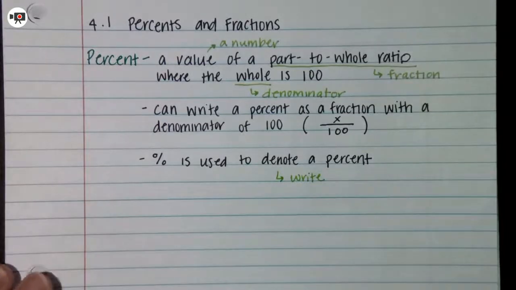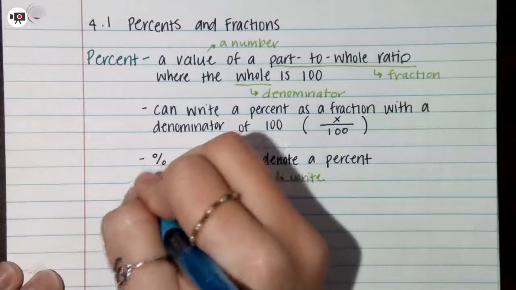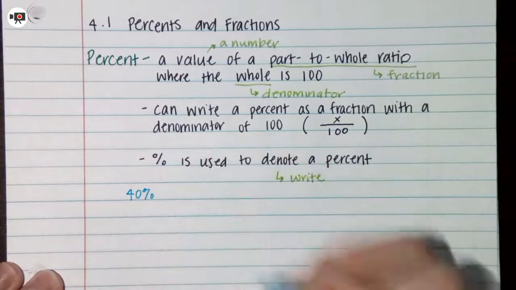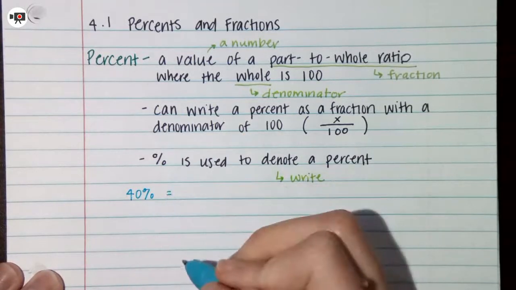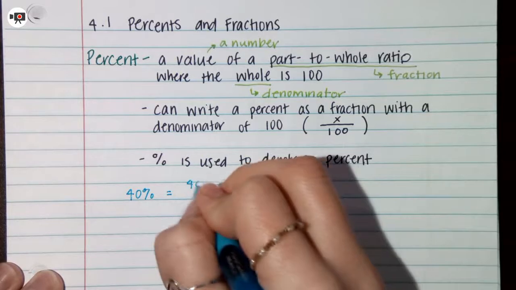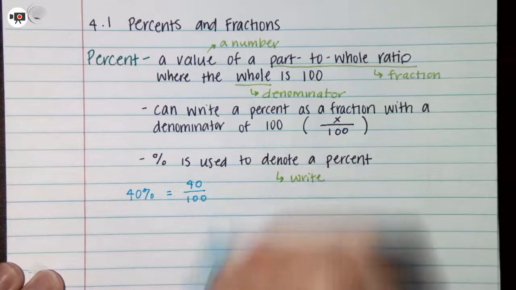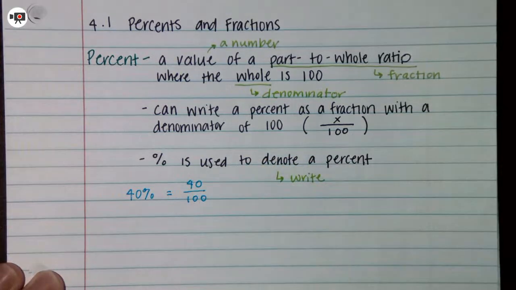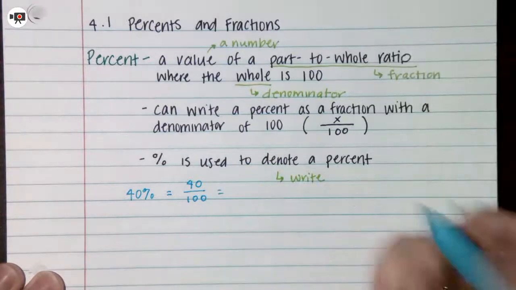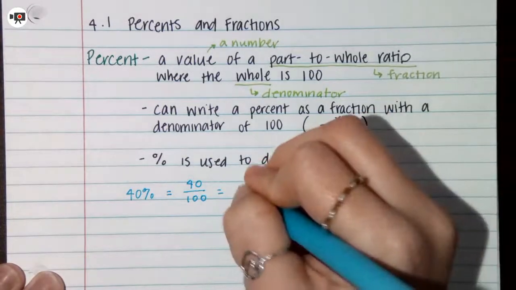So let's look at 40%. If I write that as a fraction, that's going to be 40 over 100, which means 40 out of 100.